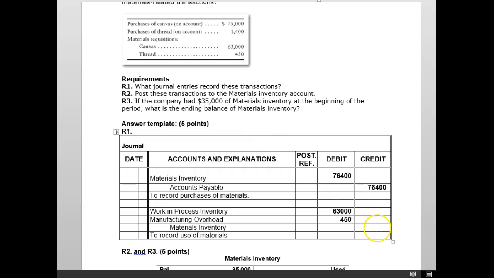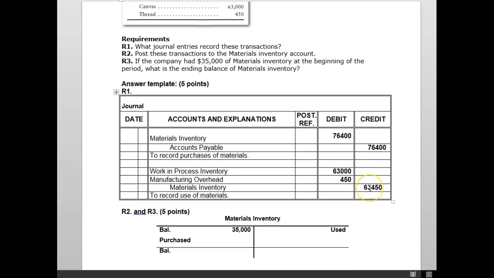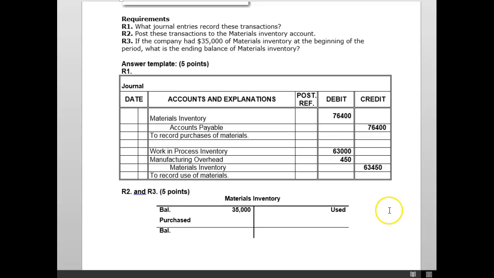And that would mean we took out $63,450. So how much did we take out of that $76,400? We took a total of $63,450 out.